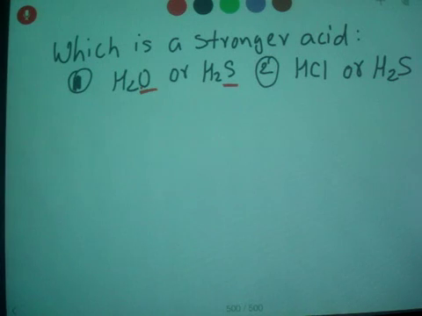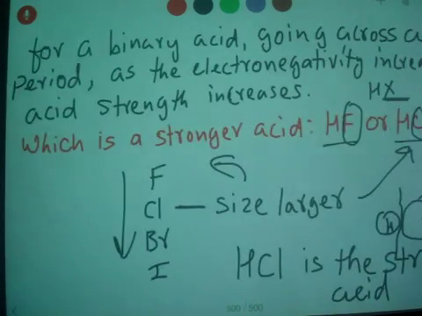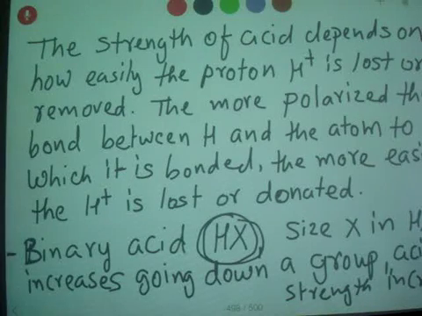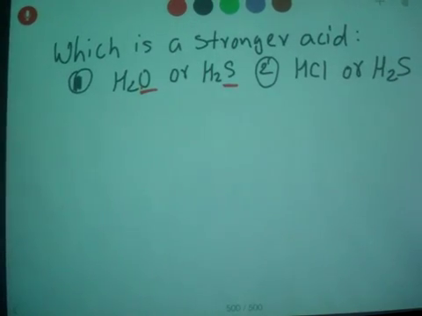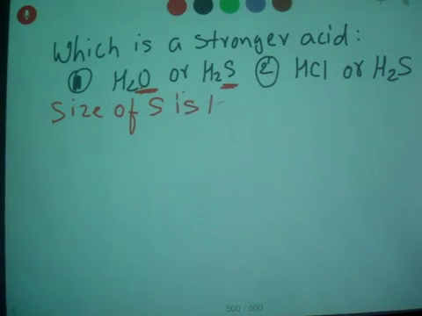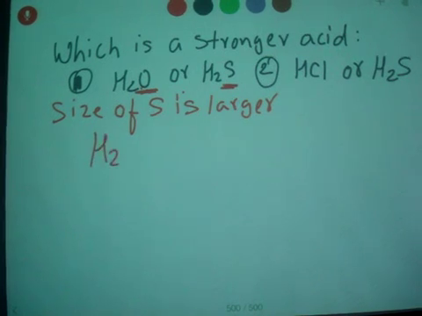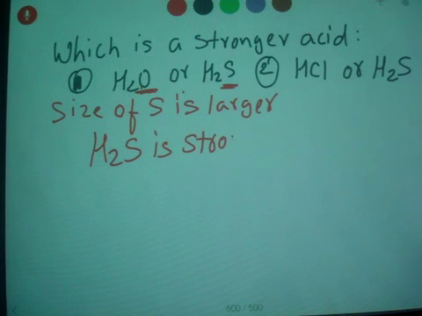When you look at the periodic table, are oxygen and sulfur in the same group? Remember the rule we learned: going down the group, size increases, and across a period, electronegativity increases. Compared to oxygen and sulfur, which one is larger? Yes, sulfur. So you can see the size of sulfur is larger. So that's why H2S is the stronger acid.